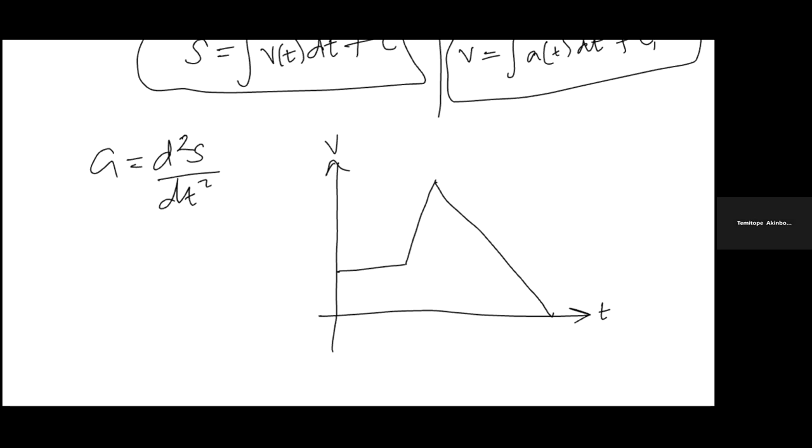If you are asked to find the distance covered or distance moved by that particle or object, you need to break this down into modules. Hope I'm communicating. So one of the ways to do it is this.